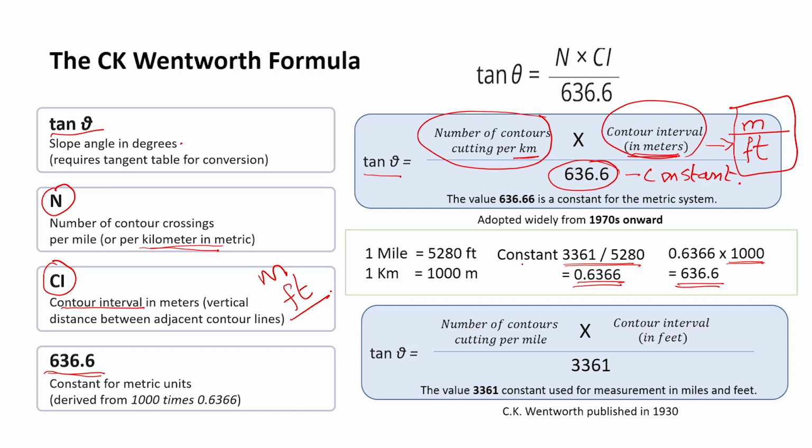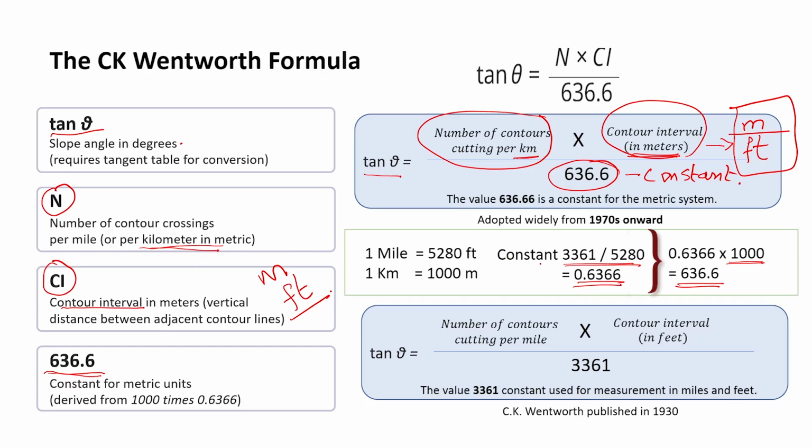So, how do we find the constant? If your measurement unit is in miles, it means it is 5,280 feet, and if it is in kilometers, it is going to be converted into meters.